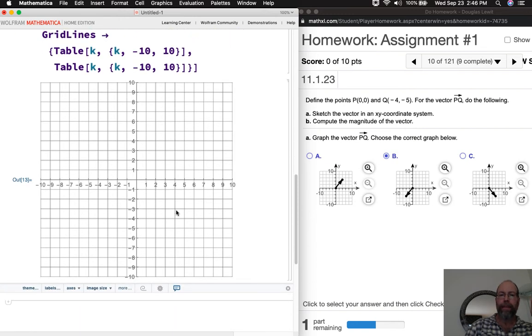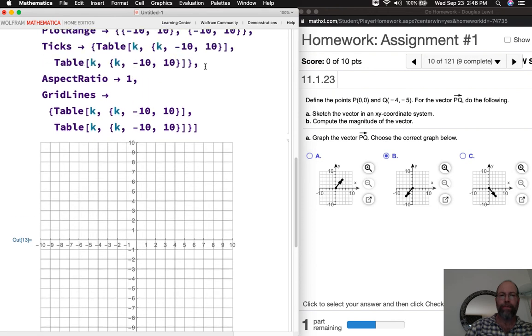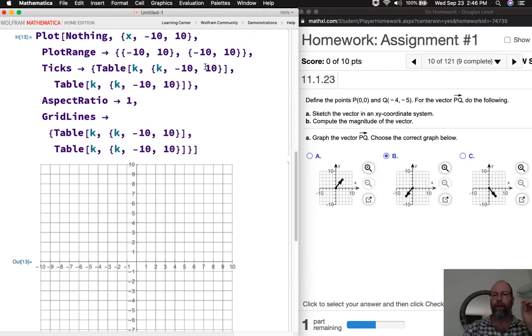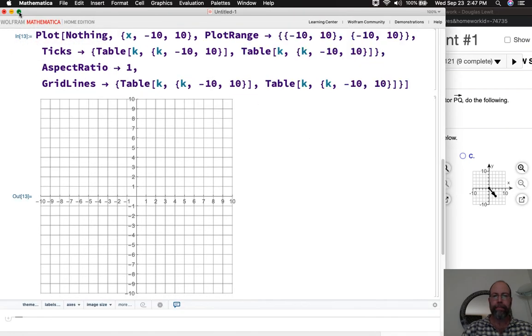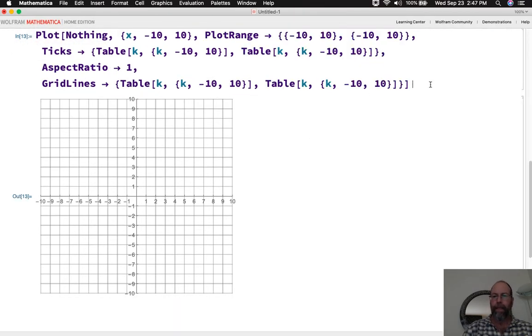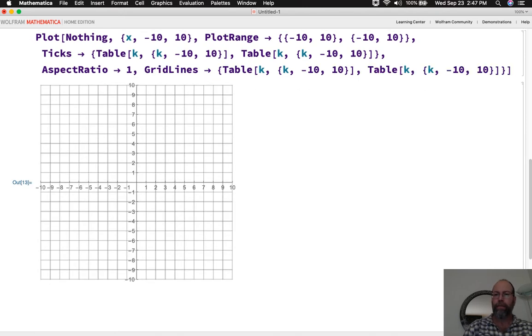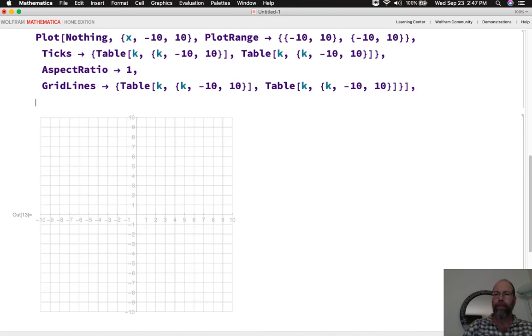So the next step is I want to draw the arrow, and that's going to go from the origin to the point -4, -5. Let me expand this a little bit. So comma, enter, go to the next line, graphics, arrowheads, and I want a big arrowhead.